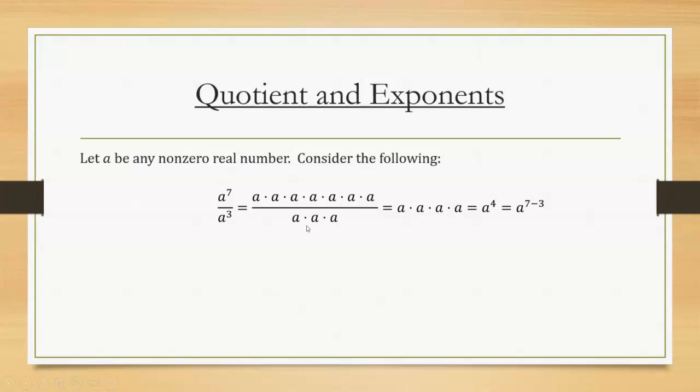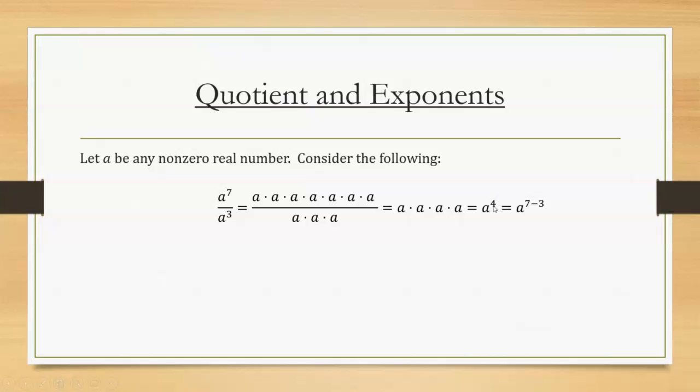A cubed is a times itself 3 times, okay? But now we know we can cancel. Again, a is not 0, so we can do a little bit of cancellation. And what ends up happening is you lose the 3 a's on the bottom, and 3 a's you're going to lose from the top. What are you left with? You're just left with 4 a's, right? Which is a to the 4th.